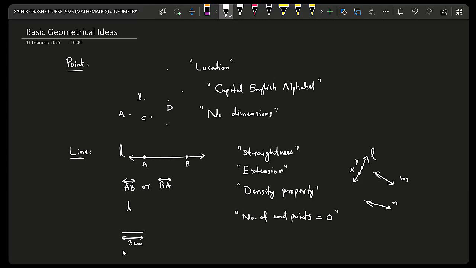A line segment can be measured, but a line cannot be measured as it is very large. That means the length of a line is infinite, but the length of a line segment is finite. Okay. I'm saying the length of the line is infinite, but the length of the line segment is finite. Okay.